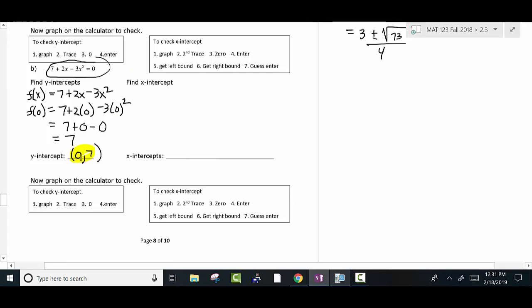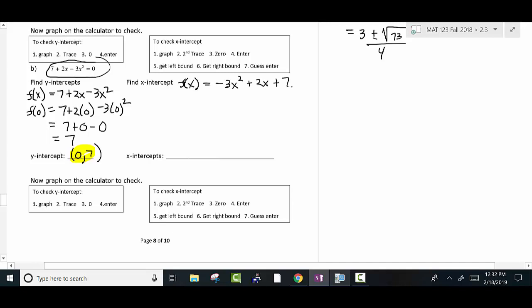Okay. All right. Now what we're going to do on this one is we're going to do the quadratic formula again to find the x-intercept. So with this one, a good thing to do, you don't have to do this, but it's a good idea to put it in the standard form where you write your x squared first, then your x term, which is plus 2x, and plus 7.